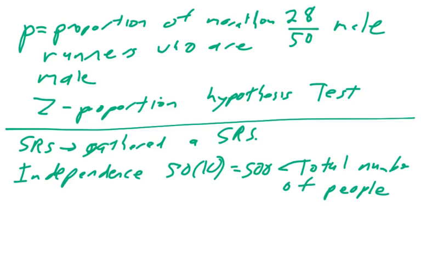Oh, and I forgot to do something at the very top, but let's do the normality first. Actually, I have to go back and change something, because we didn't put the hypothesis on here.